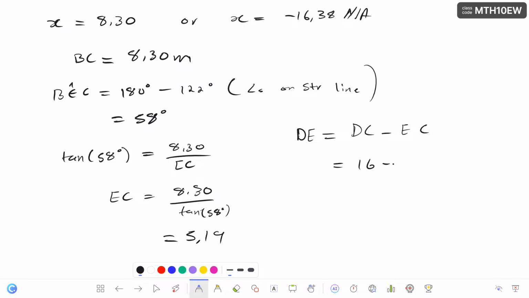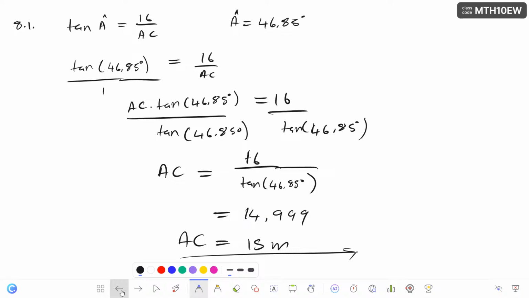So it's 16 minus this length, which is 5.19. So 16 minus 5.19 is going to be 10.81.